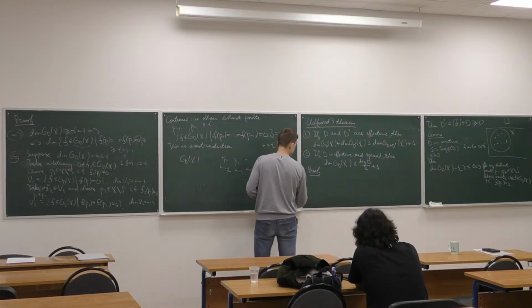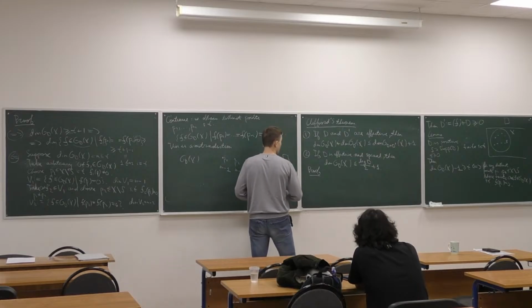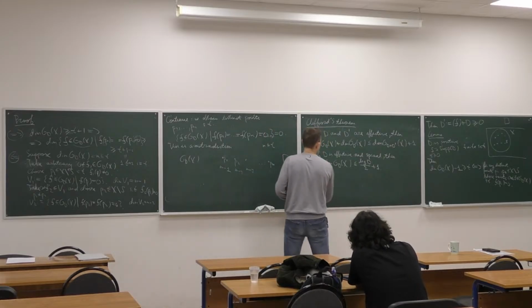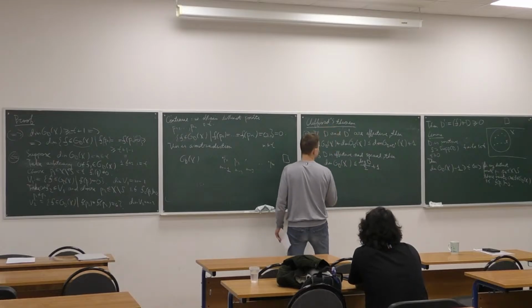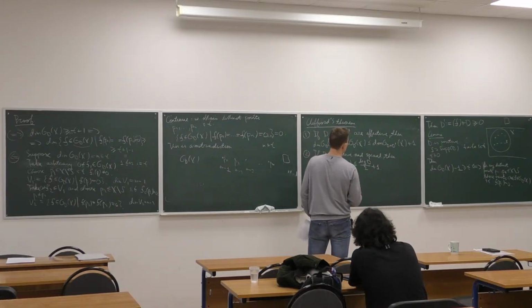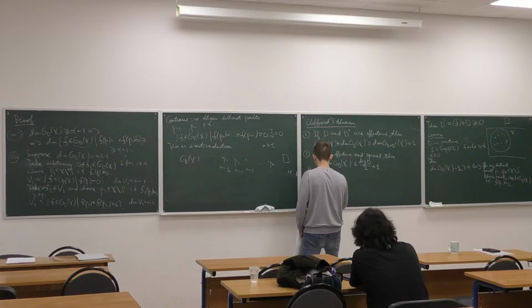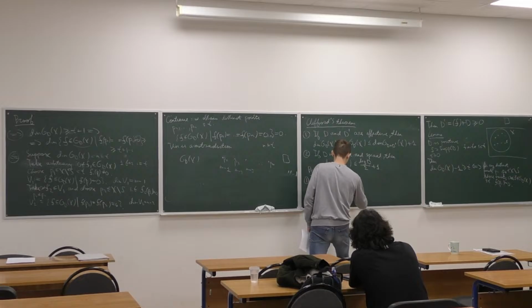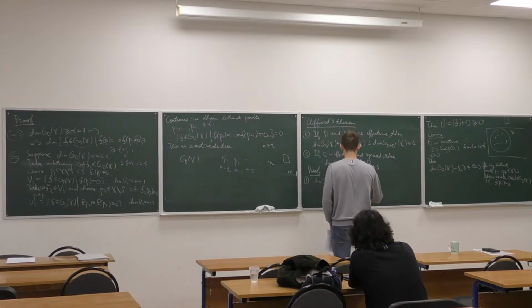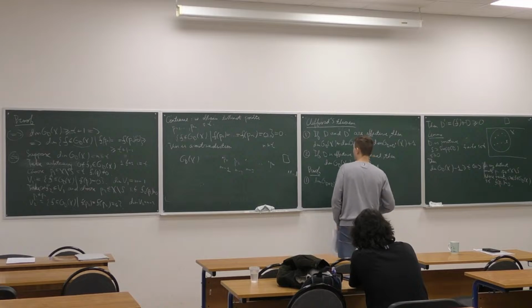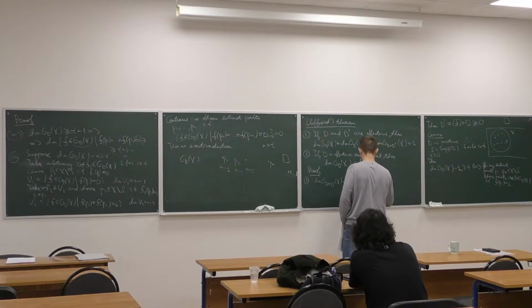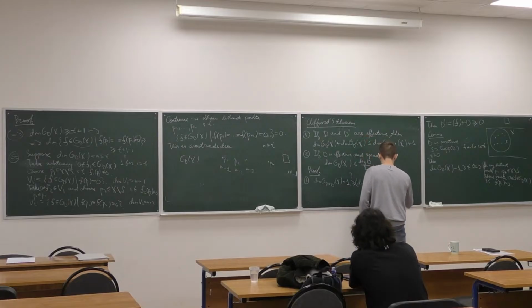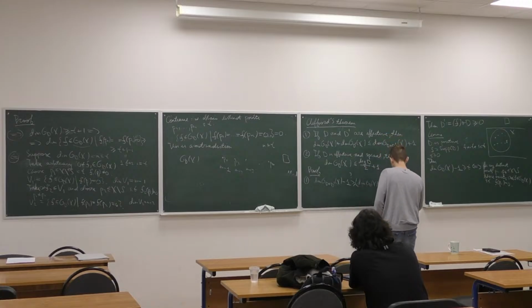Actually it's an easy application of the lemma. Why? Because, okay, let us prove the first part. The first part says that the dimension of OD plus D prime, so we want to prove that this is greater or equal than, so we subtract 2 from both parts.